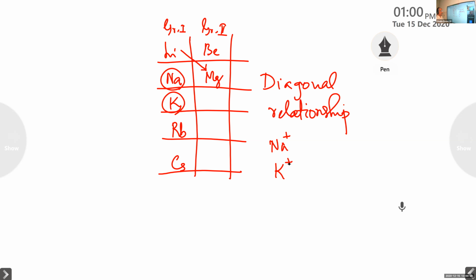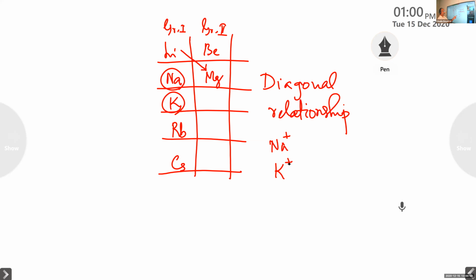So Na plus and K plus ions are biologically important ions. They perform very important biological functions, especially to maintain the blood pressure, BP.